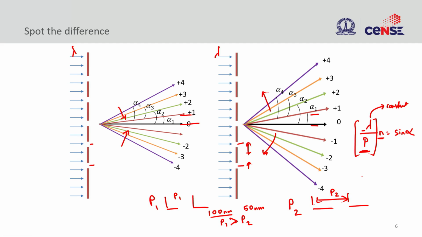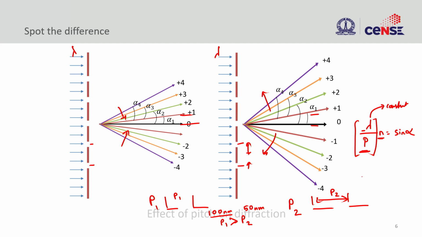So this is how we understand the effect of pitch on the diffraction order and the spacing between the diffraction orders, or you can also take it as the angle between the diffraction orders. So between the zeroth order and the other orders, how the angle is evolving.